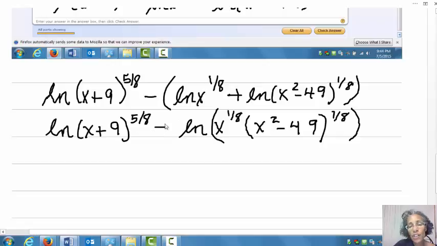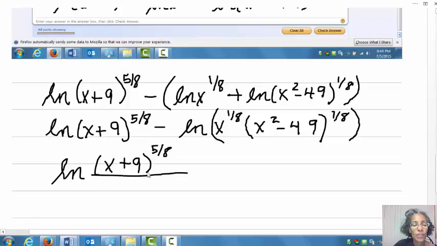Now I have a subtraction of two logs, and that requires an application of the quotient rule in order to follow the instructions given for the problem.